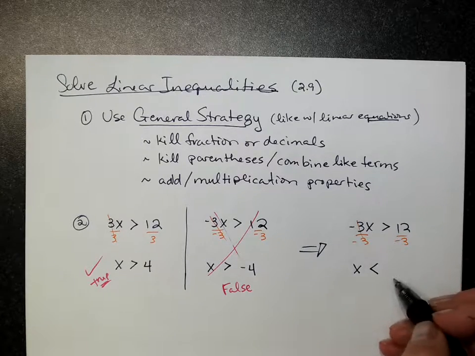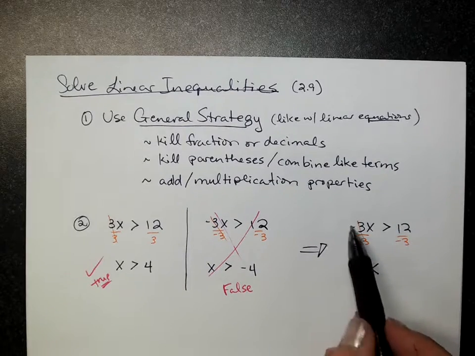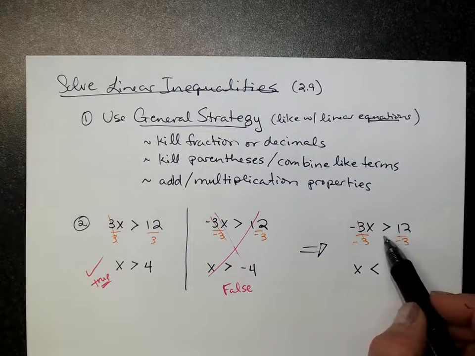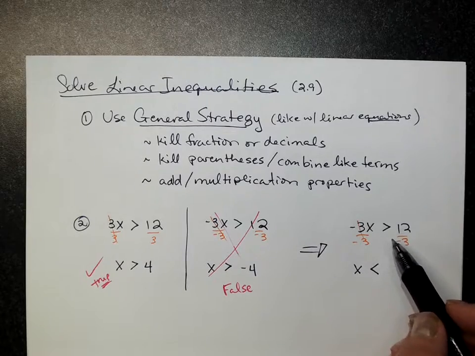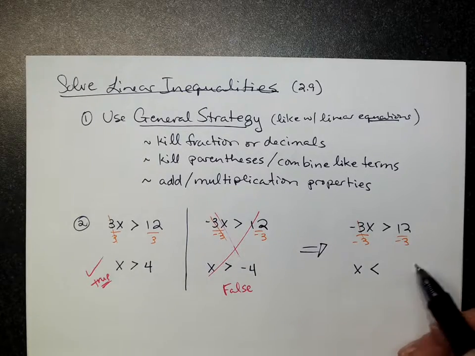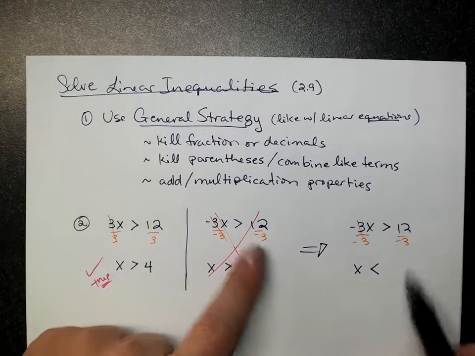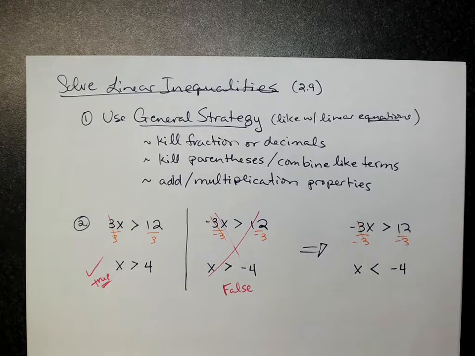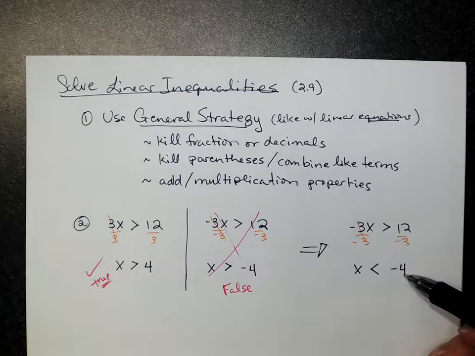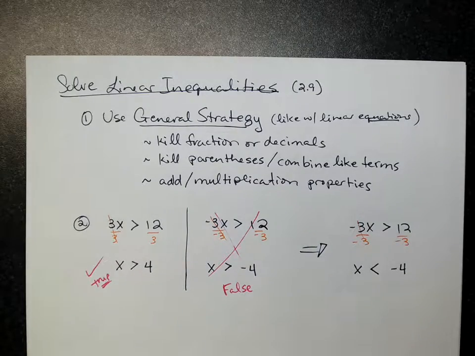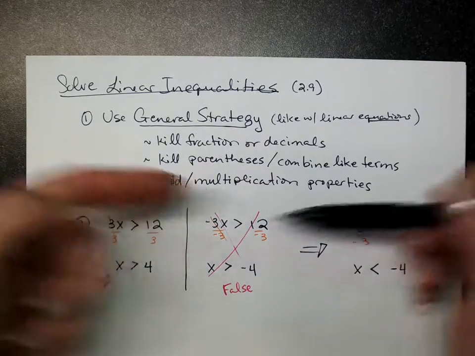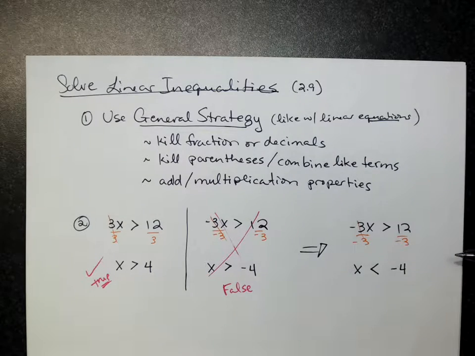Now I'm going to be really distinct: when I talk about the sign, I mean positive and negative; when I talk about the symbol, I mean the inequality. You're not flipping any signs, not changing anything from positive to negative or vice versa. This might have been negative 12 and then your solution would be positive 4. That doesn't change anything. None of the addition or subtraction before this point changes anything.